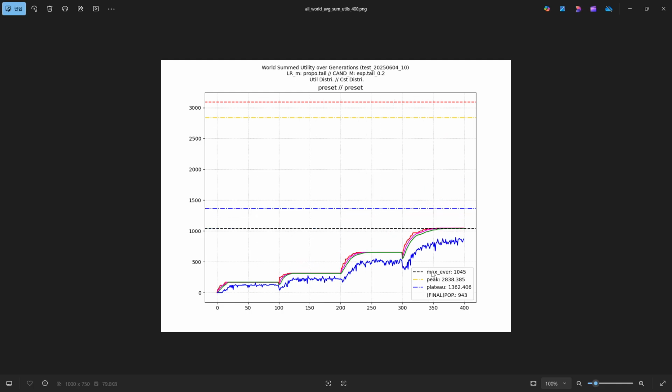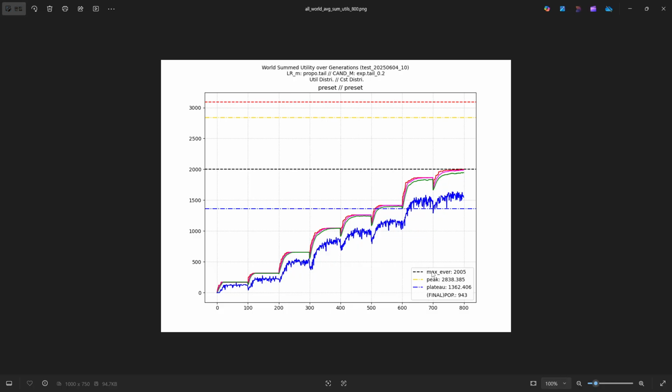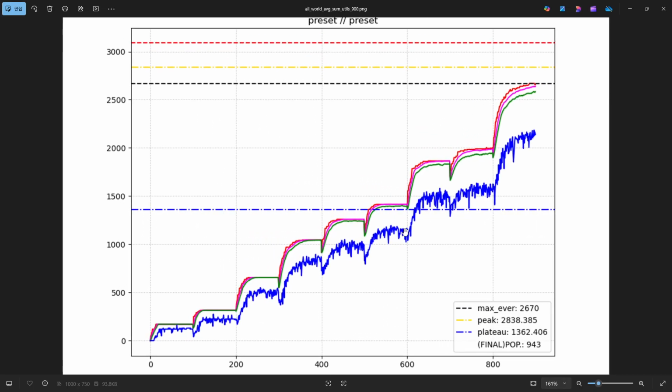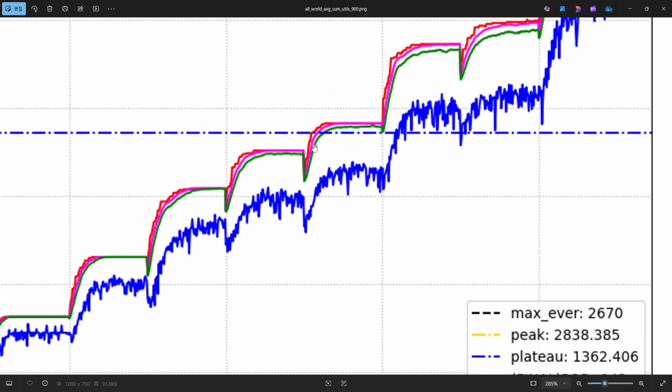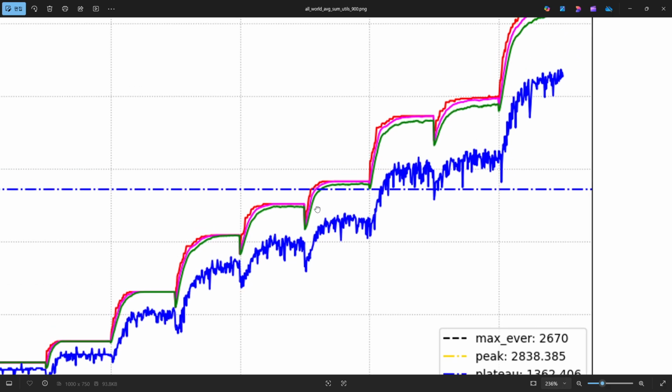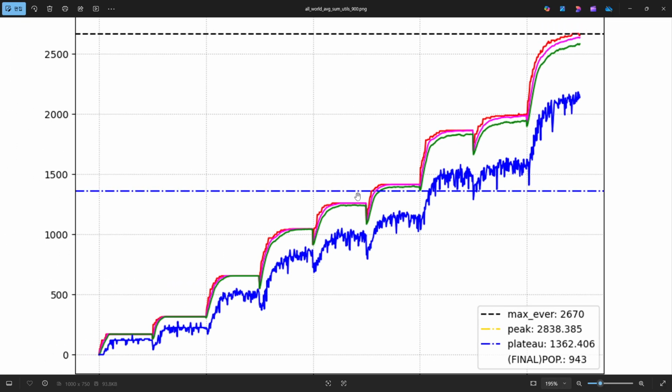However, one thing to note here is that there are always these sharp dips, and this is due to some genes going deactivated at the start of each era. But then, because more additional genes have been added, the summed utility value goes up to a certain extent.